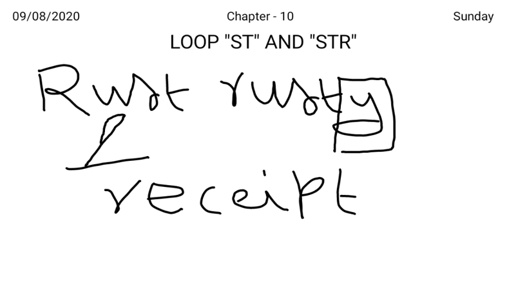Here you cannot use ST loop. So you have to represent the sound of ST by writing circle and T. Rus, circle, T.